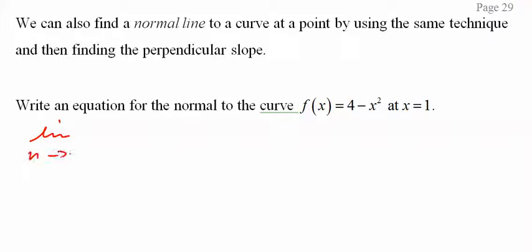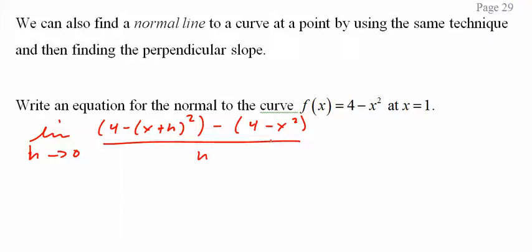Limit as h approaches 0 of 4 minus (x plus h) squared minus (4 minus x squared) all over h equals, I gotta be careful here, 4 minus x squared minus 2xh minus h squared minus 4 plus x squared, all over h.